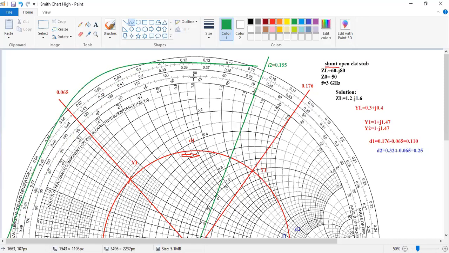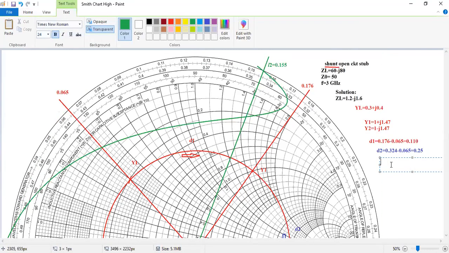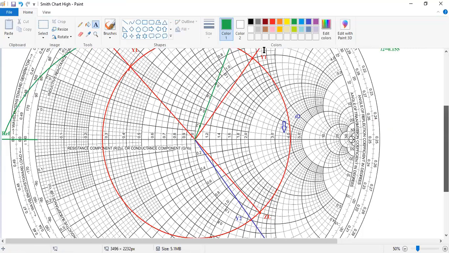I'll write whatever from here to here. This is your L2. So L2 you can write, and just make it italic. L2 equals the same. That is how much? 0.155 lambda. And now you go for L1 as the reference point is the same.